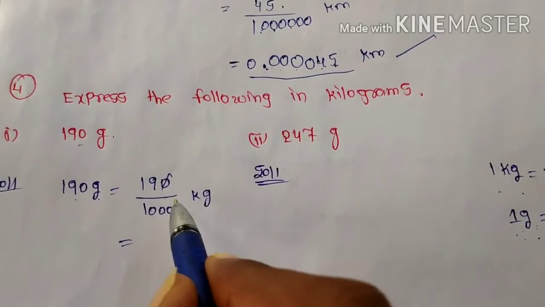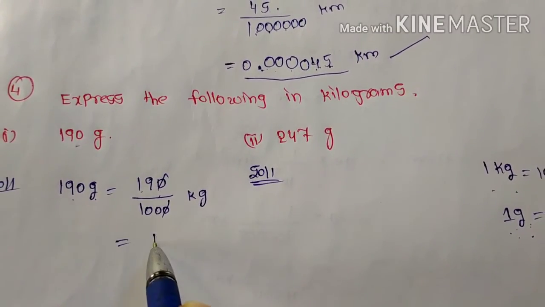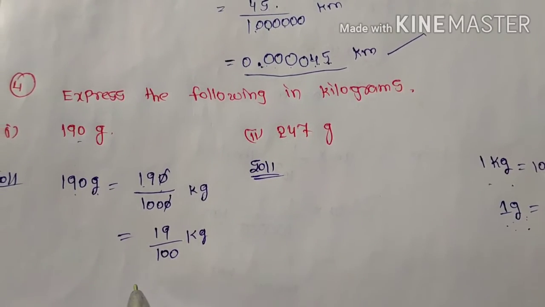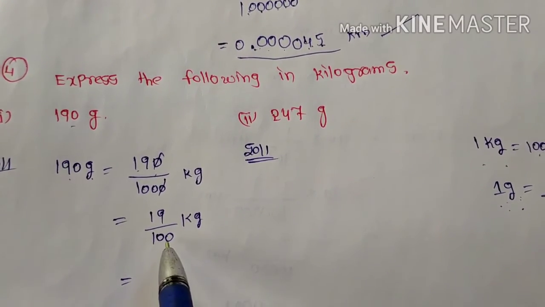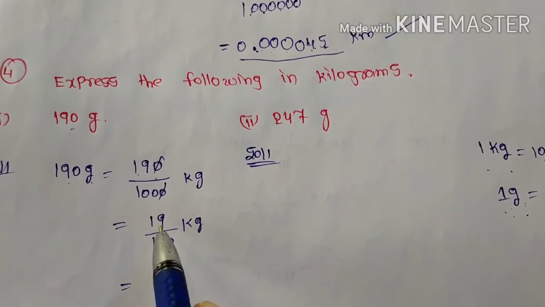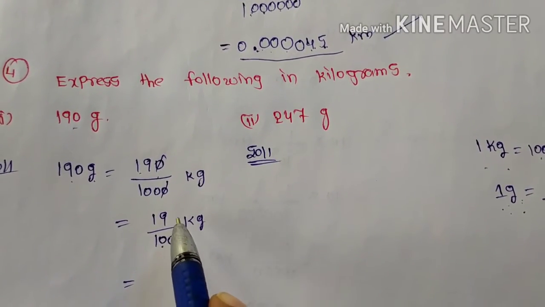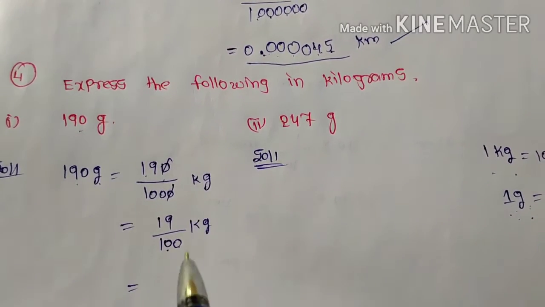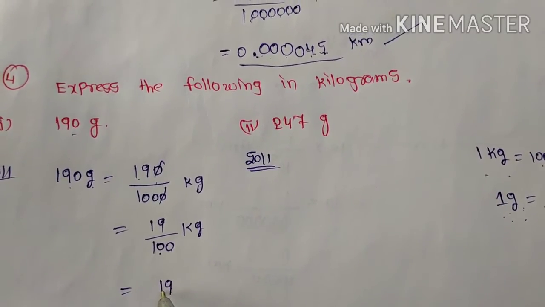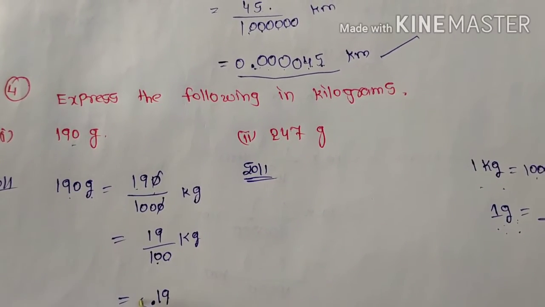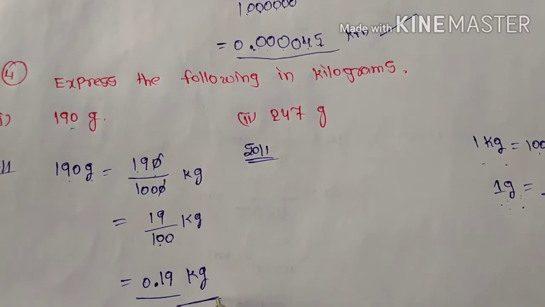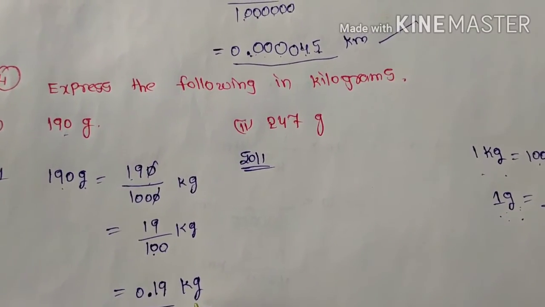See, already a 0 cancels. 19 by 100 kilograms. In the denominator you have 2 zeros, 1, 2, yes or no? So you can keep the decimal point in the numerator after 2 digits from the right side. First write the numerator, count 1, 2, and keep the decimal point. That means your answer is 0.19 kilograms.